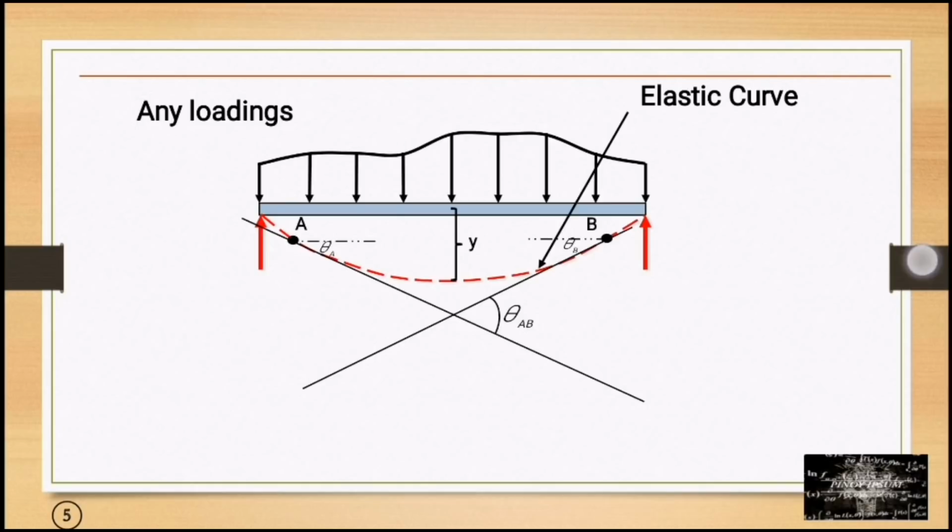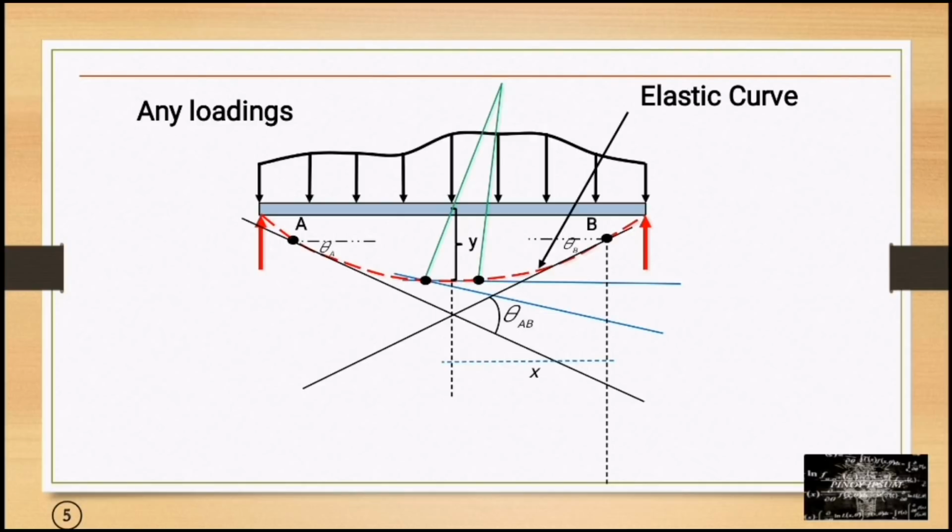To do that, let us take 2 points with distance x from point B and with corresponding tangent and normal lines. So we have point O, the central angle, and the radius of curvature.